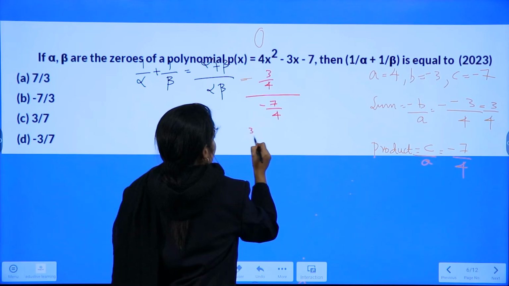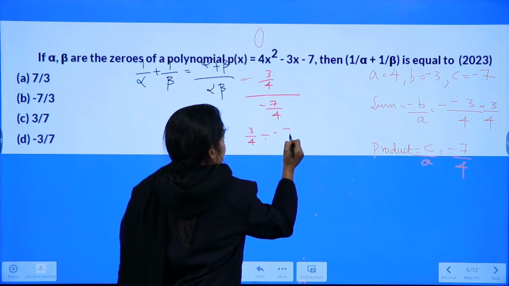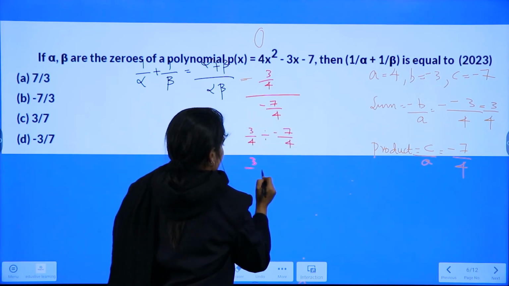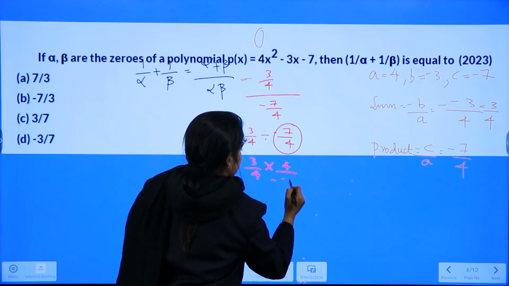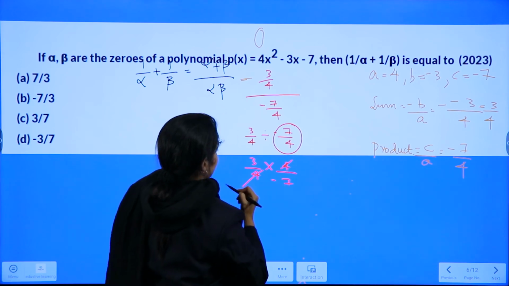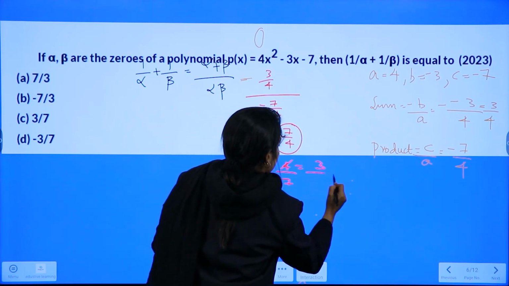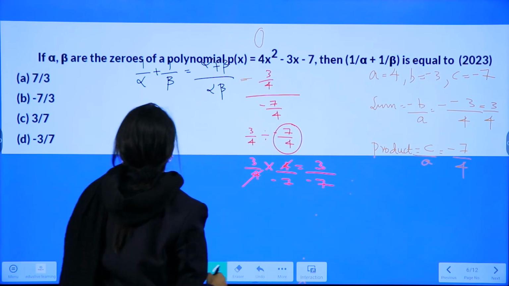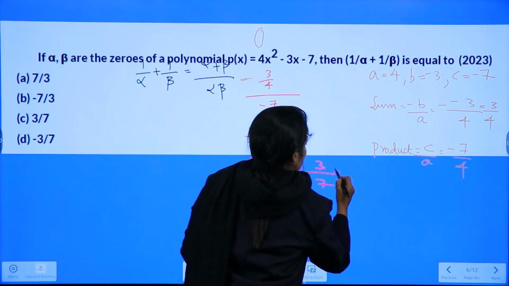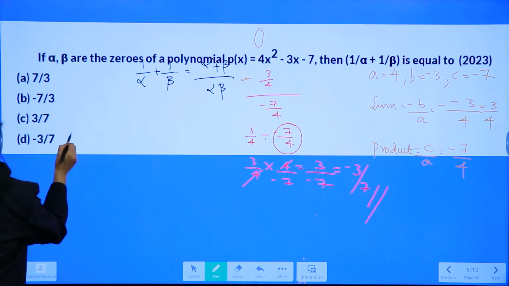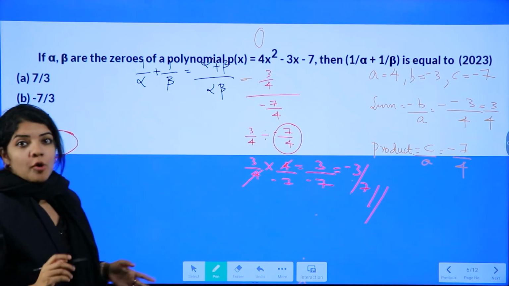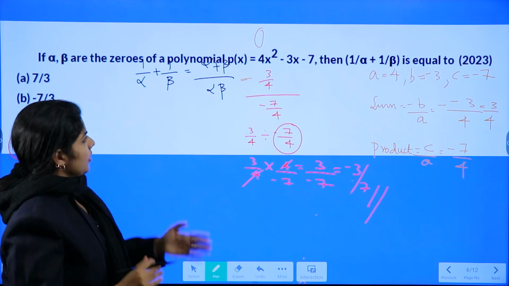Okay, so 3 by 4 divided by minus 7 by 4 is 3 by 4 into, flip the second fraction, 4 by minus 7. 4 and 4 will get cancelled, so it is equal to 3 by minus 7, which is the same as negative 3 by 7. So negative 3 by 7. The correct option is option D, negative 3 by 7.